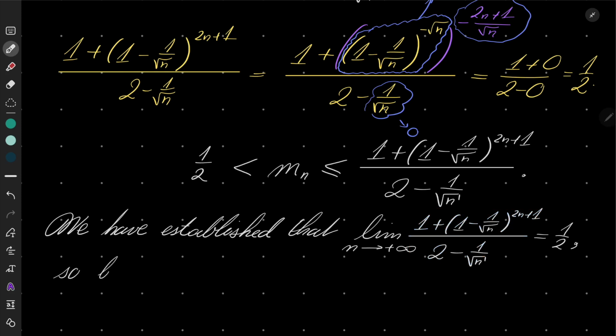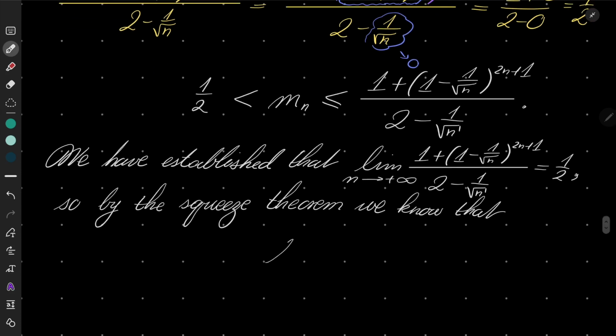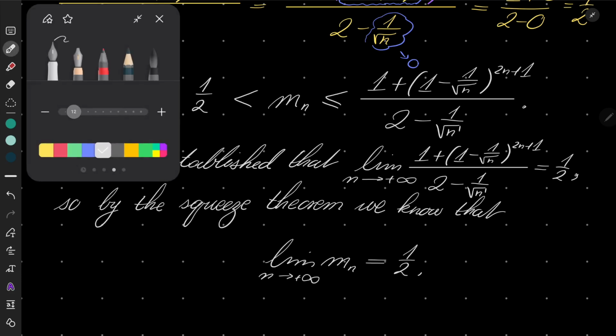So by the squeeze theorem, we know that the limit as n goes to infinity of m sub n is in fact 1/2, which is what we wanted.